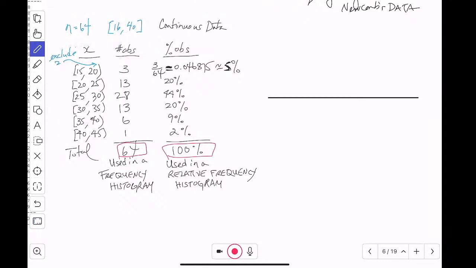I'm going to start at the interval 15, right? So 15, 20, 25, 30, 35, 40, and 45. And the height should capture these. Now the highest one will be 25 to 30, so let's fit that in first. That will be 28.